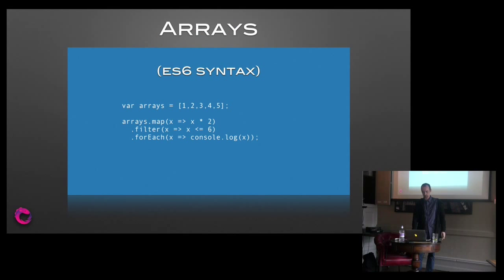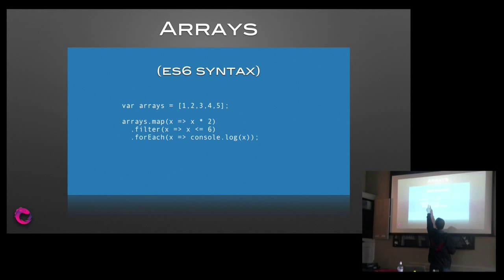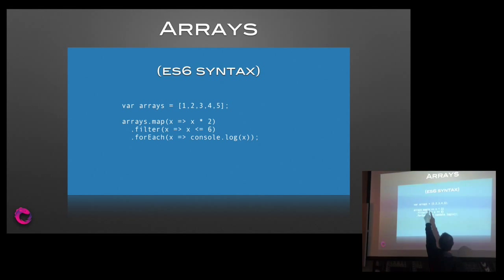I'm just going to do a bit of ES6 from now on, just because the code gets quite big. You're all fairly familiar with ES6? Maybe. Quick explanation: this is just a function. Instead of writing function, you have a fat arrow, and that's your variable.